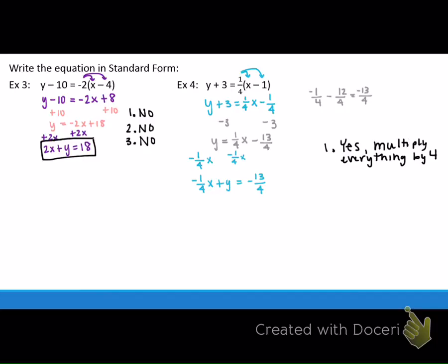You could do negative 4 here. I'm not going to do it that way at this point so we can go through the checklist, but yes, you could do negative 4. That is completely fine. So that's negative x plus 4y equals negative 13. These 4's will cancel there. That's why that happened.